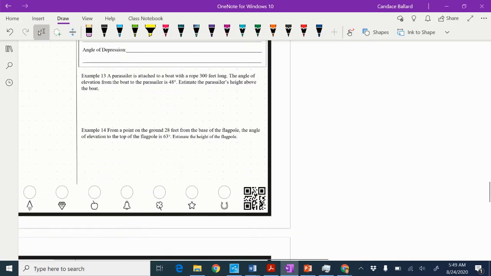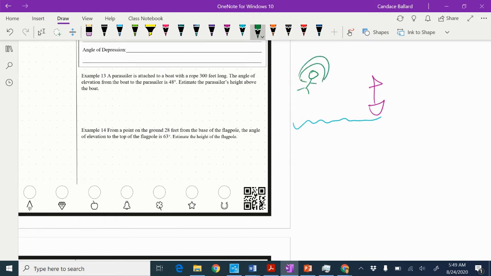So let's talk about a parasailer. A parasailer is attached to a boat with a rope 300 feet long. So we need a parasailer and a boat. Here's my boat, and some water, and then we need a parasailer up there, and there's his parasail.